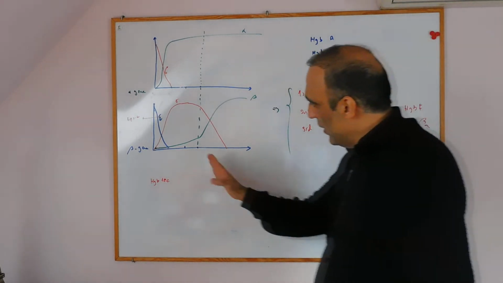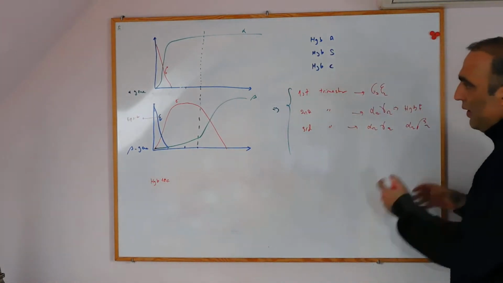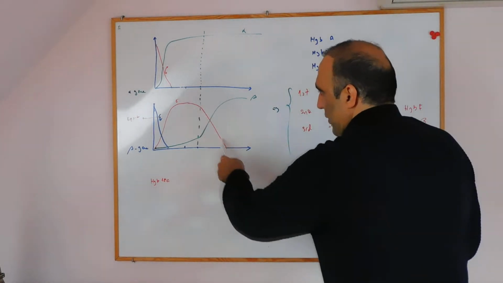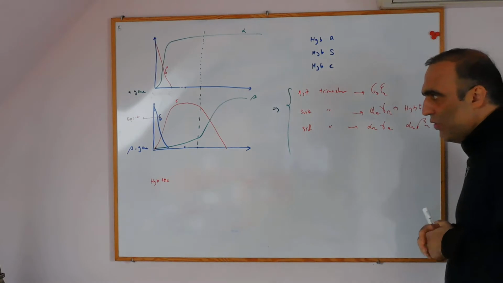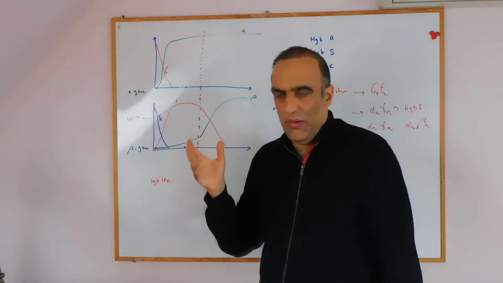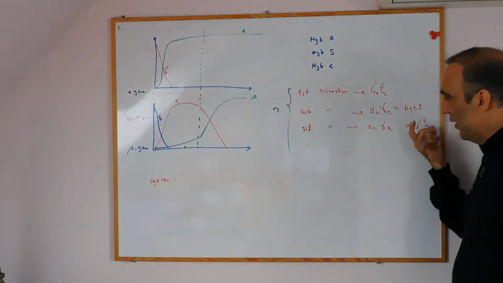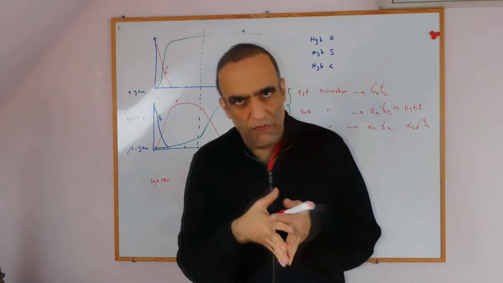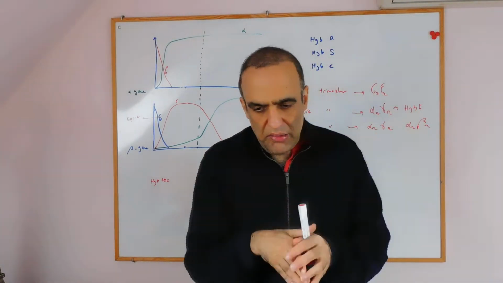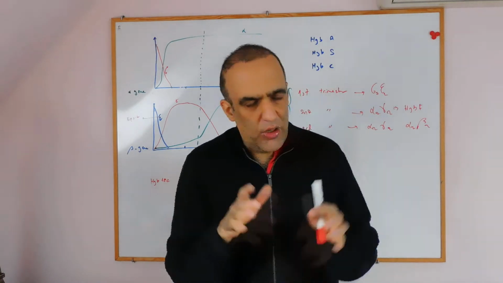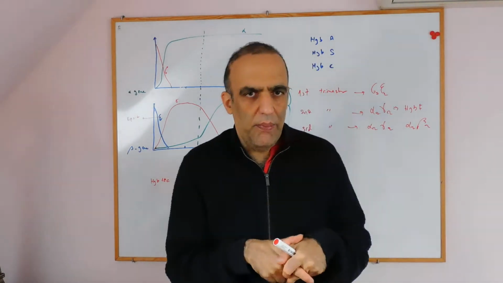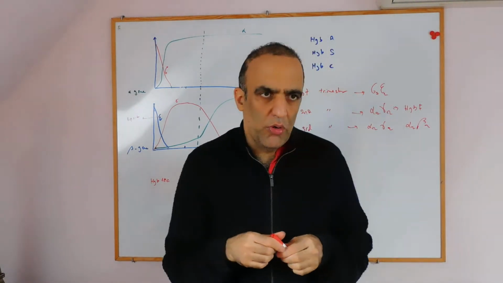Okay, afterwards, the production of the gamma subunit will decrease and the beta will increase. As you know, hemoglobin F has a very short half-life compared to the normal hemoglobin.